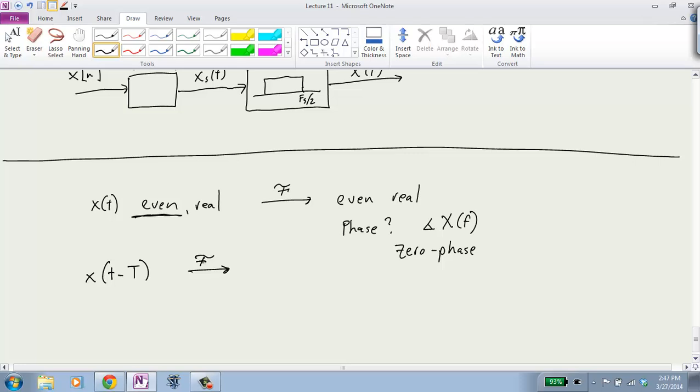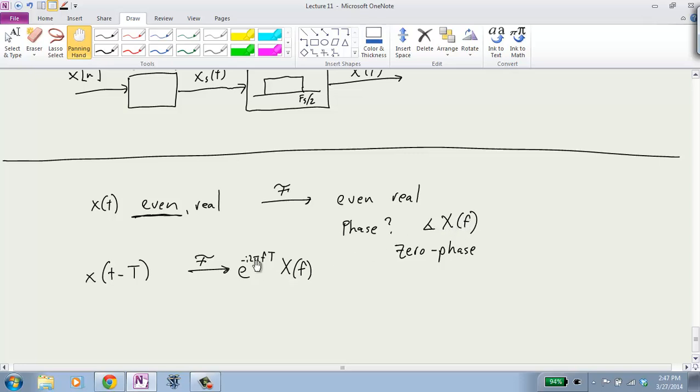When you do a time shift, you get e to the minus i 2 pi f T times x of f. And notice what happens to this. This only contributes phase, not magnitude. So this time shift only changed the phase. But we just said the phase of x was 0.